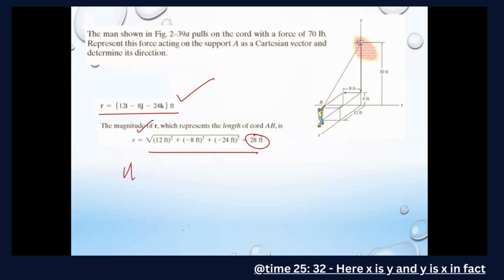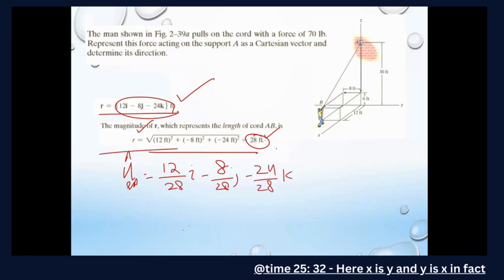To get the unit vector RAB, you divide this vector by the magnitude, so it will be 12 over 28 i minus 8 over 28 j minus 24 over 28 k. This is the unit vector.